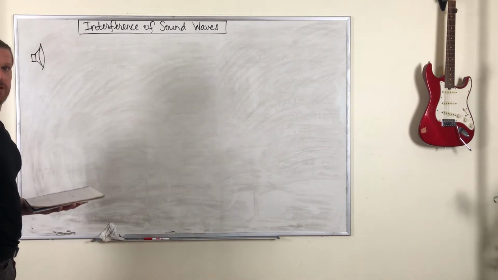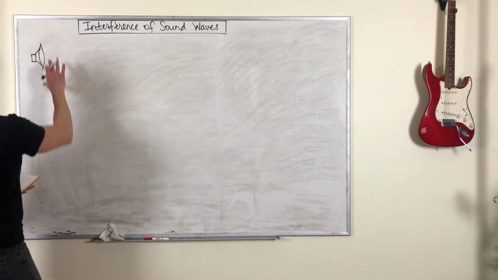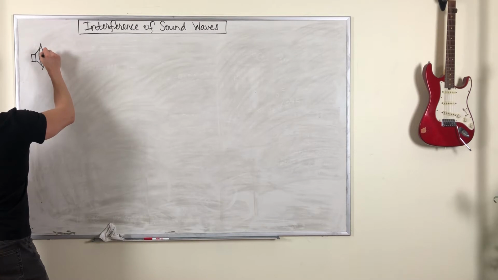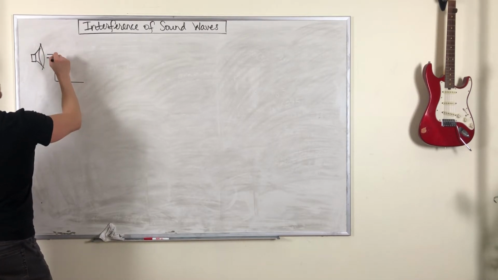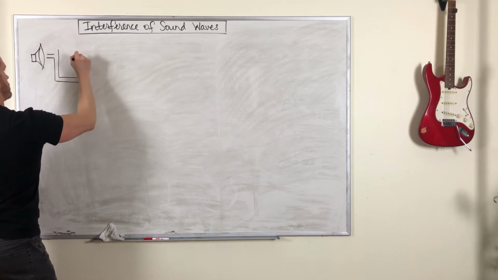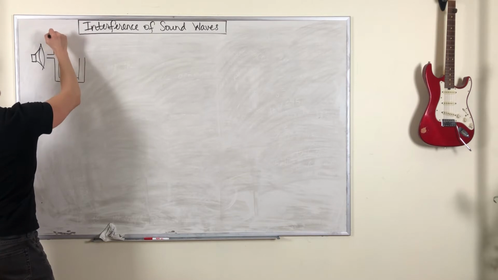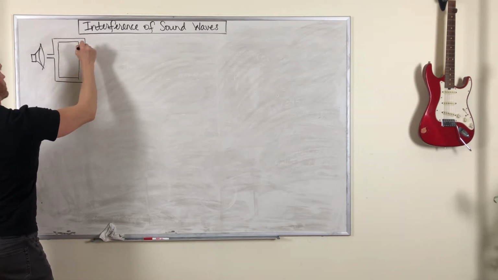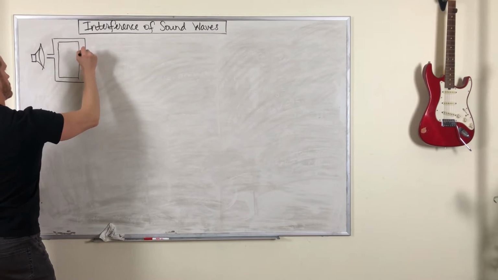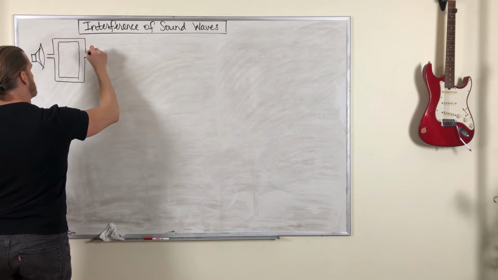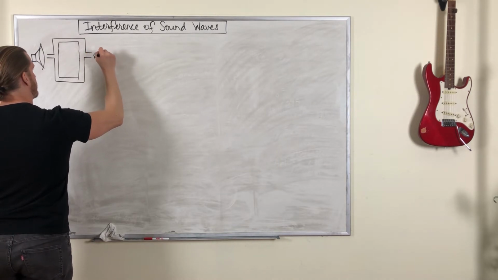First, let's talk about interference in general. Let's say we have a loudspeaker that's creating some sound, and we feed that sound through two separate pipes. And here's our listener, listening with their big ears.